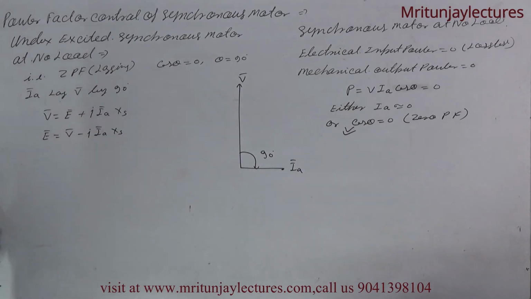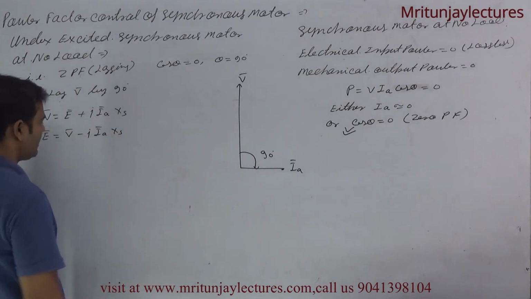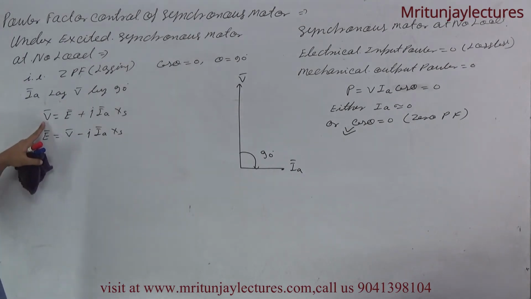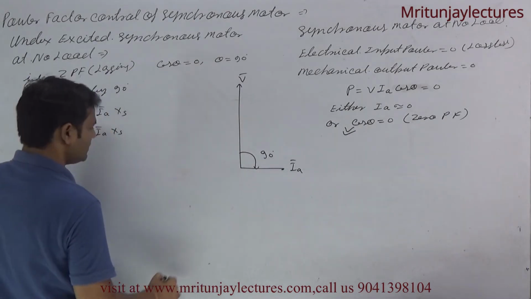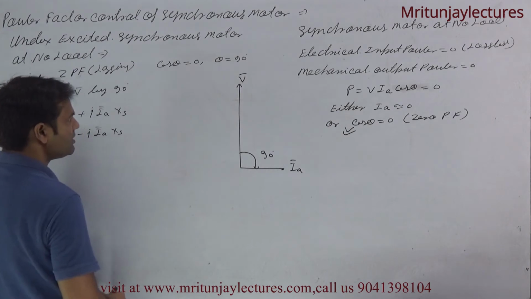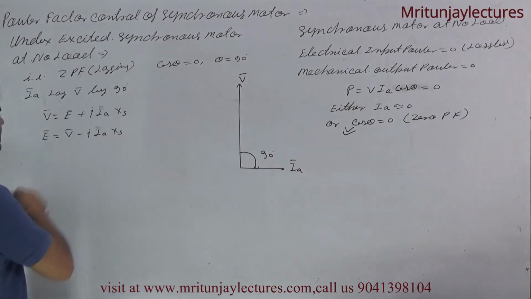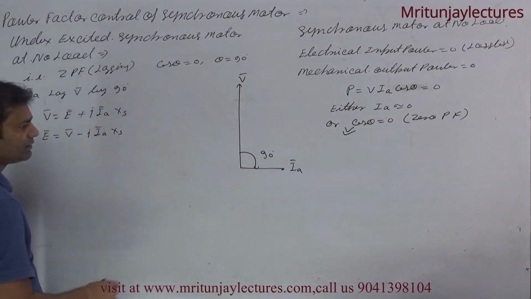Okay, now draw. V will be equal to E plus J Ia into Xs. This one is Ia.